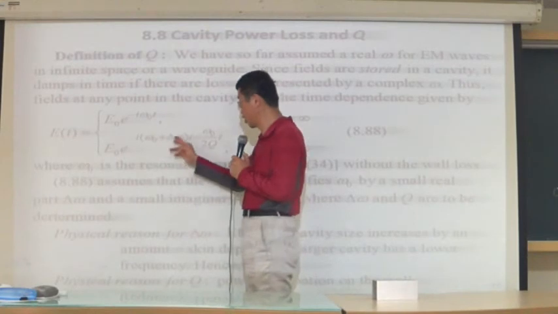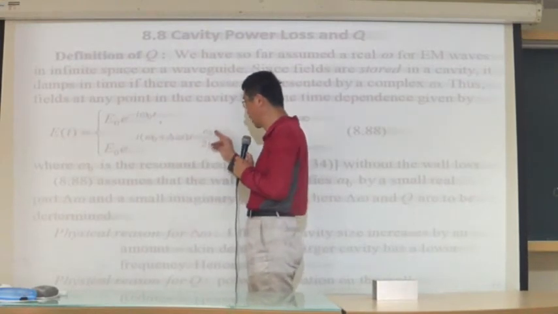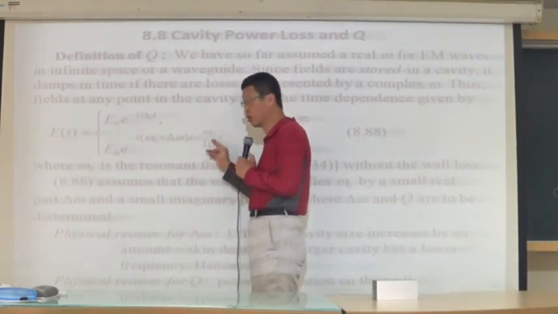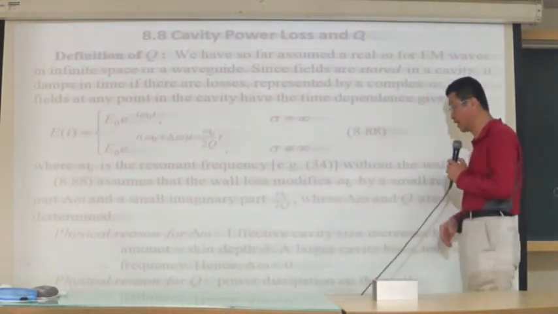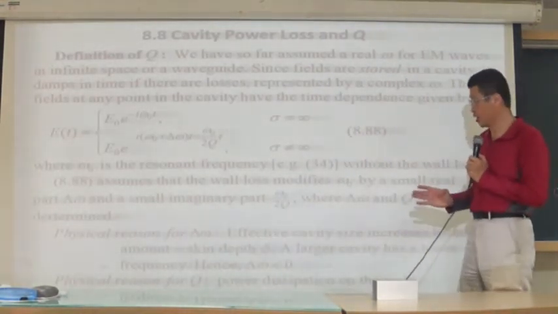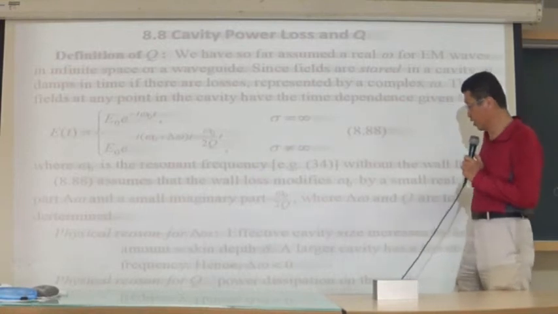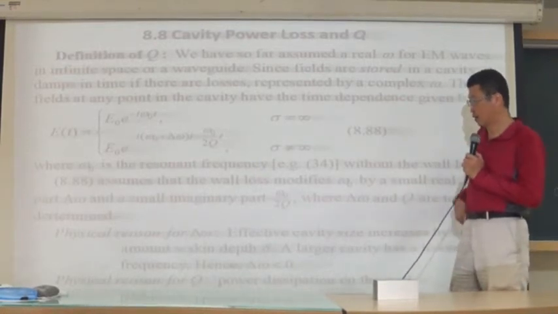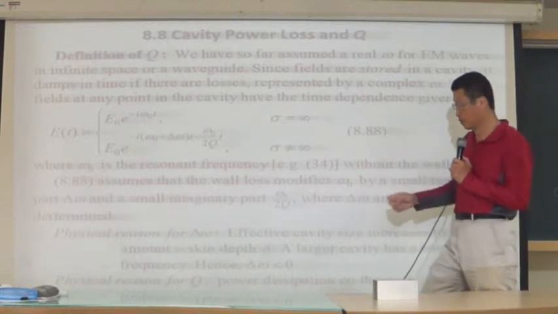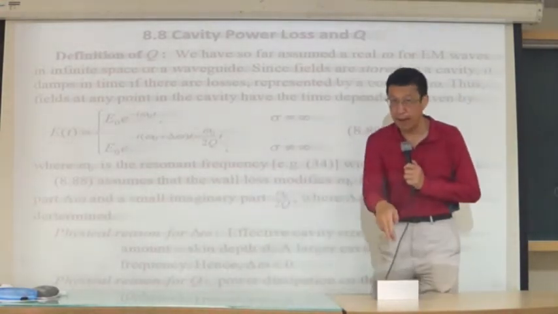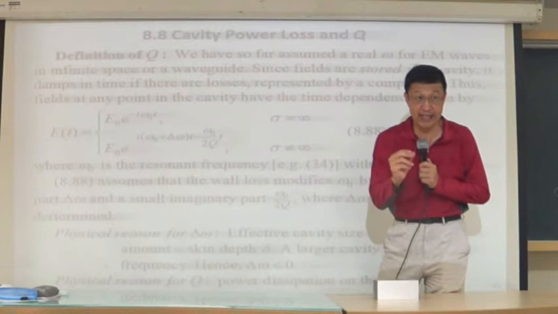We add two terms, delta omega and omega 0 over 2Q. The physical reason for delta omega: first, the size of the cavity is slightly changed, because the wave can penetrate into the wall slightly.